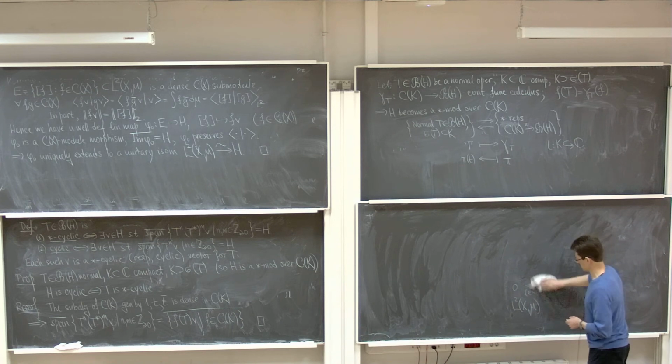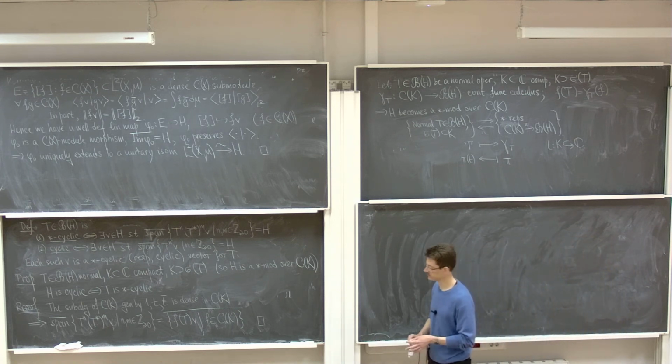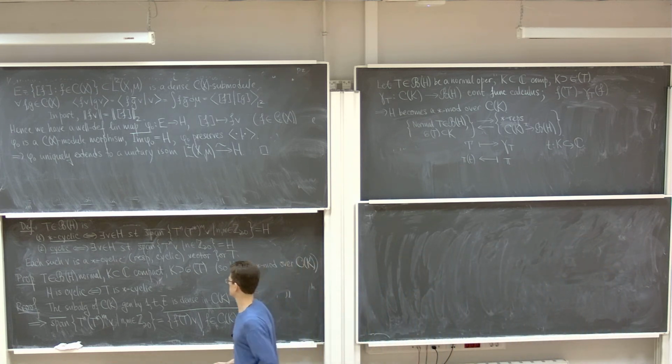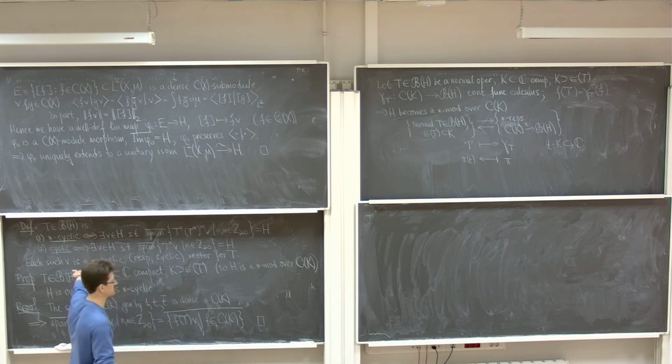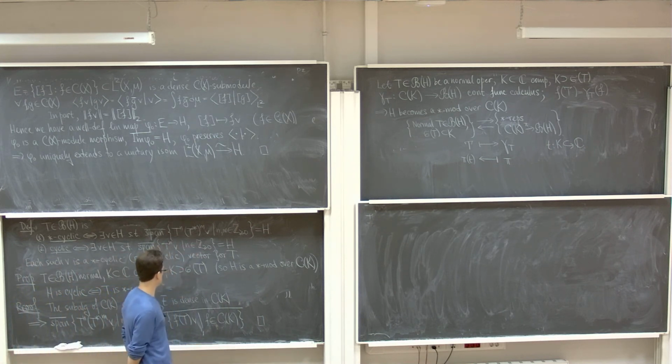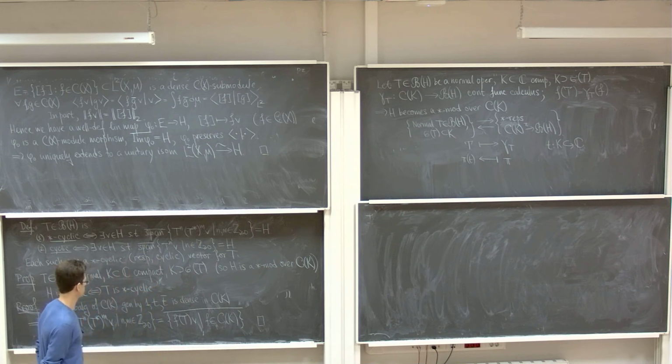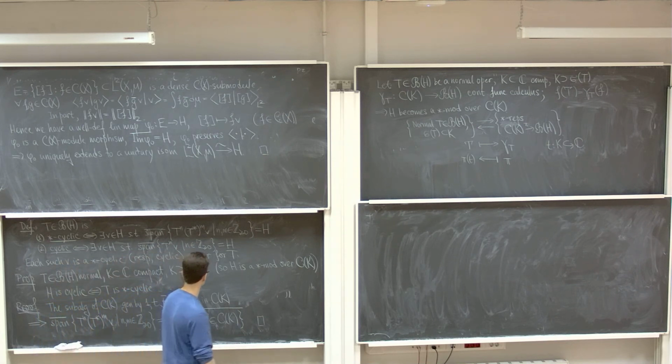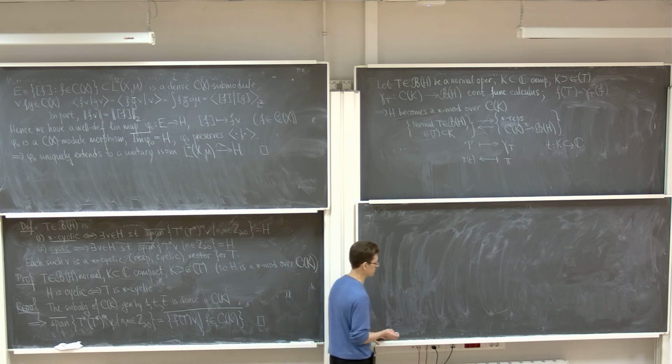It's clear from the definition that if T is self-adjoint, then it is cyclic if and only if it is star cyclic. It's clear from the definition. By the way, there is another important result due to Brehm, 1955, which tells us that, in fact, this is true for all normal operators.